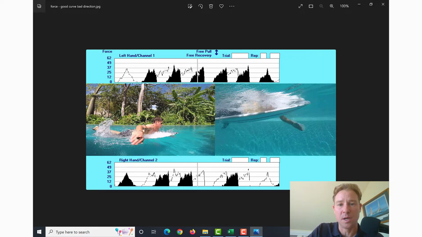So it's been building up to a point. It's about halfway through the curve. The arm is in front of the shoulder, but the arm and the hand are oriented in the downward direction. When you watch the video of this, what you'll commonly see is the nose of the board pop up when they get past this part of the stroke.